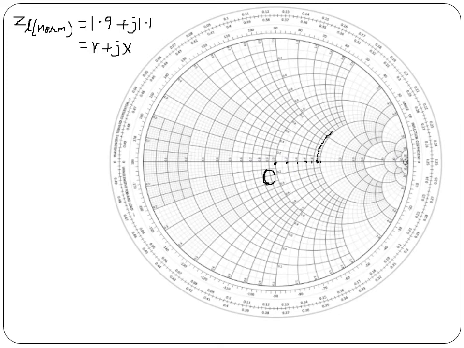And now I have to mark the j1.1. So reactance circle, this is 1.0 and it's 1.2, therefore this is 1.1. So 1.1 reactance circle should coincide with 1.9 R circle. This is a coincide point.